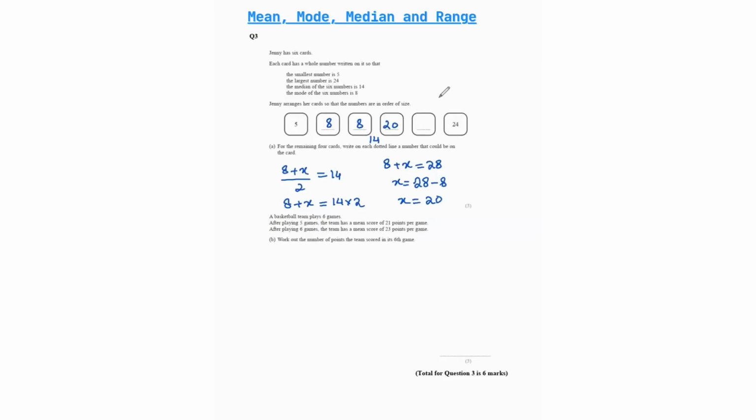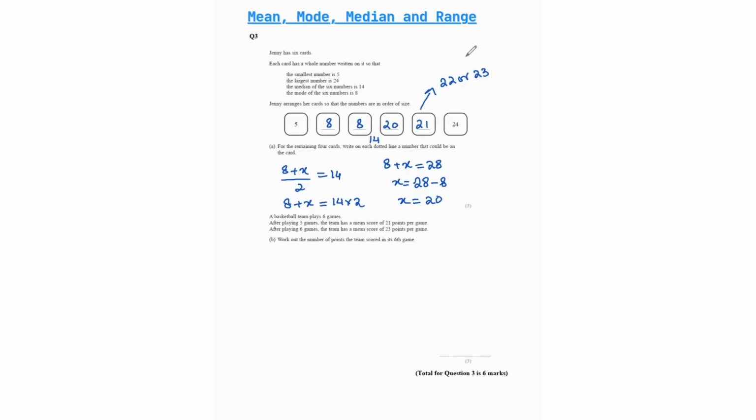And this one over here, it can be any number as long as it's between 20 and 24. So I'm going to go with 21. You can write 22 or 23 as well. So once again, they told us that the median is 14. 14 is right in the middle of the third number and the fourth number.